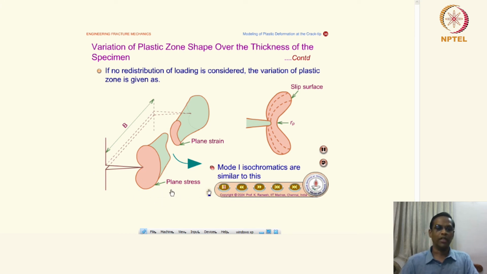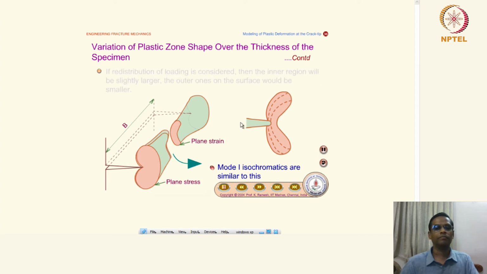This is at the surface, which is a plane stress condition, and this is inside the thickness, which is a plane strain condition. The magnified view is given here. These are all slip surfaces, and this is called a butterfly plastic zone. Mode 1 isochromatics are also similar to this.